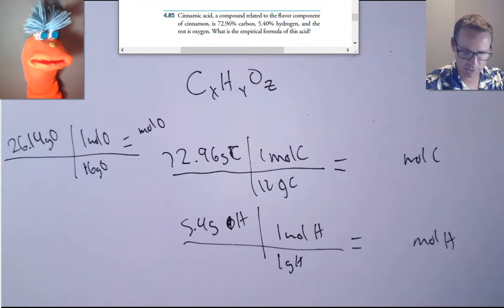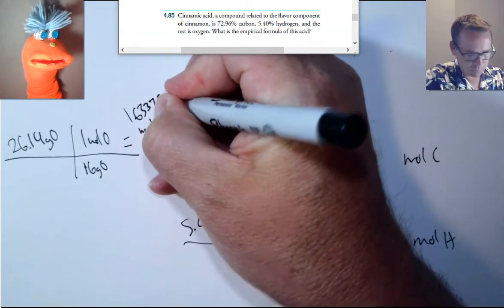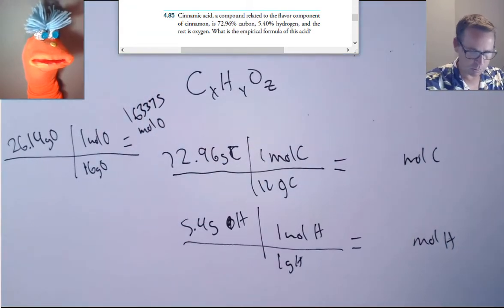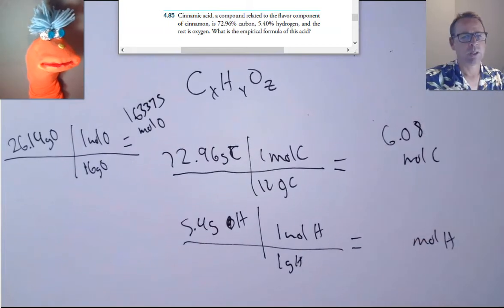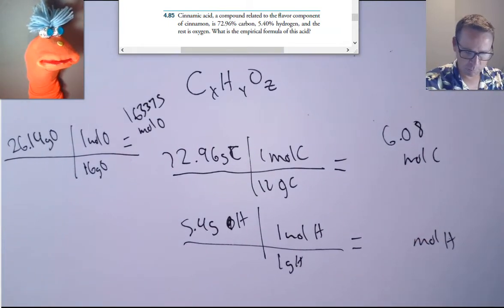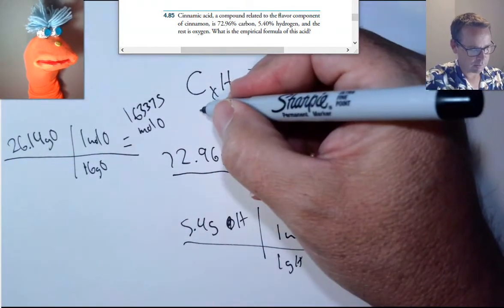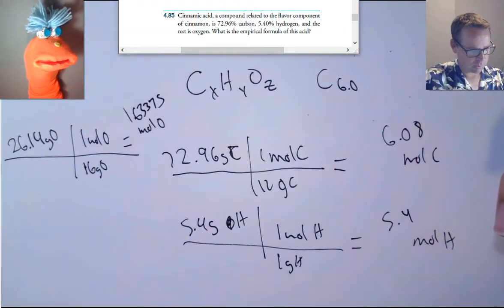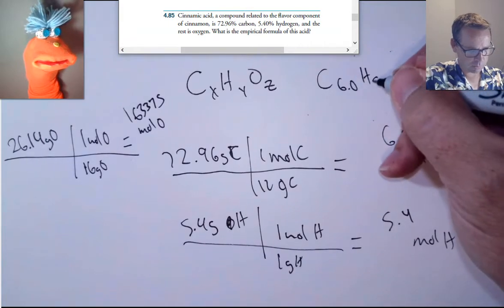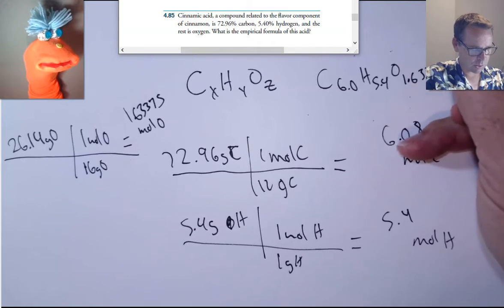So 26.14 divided by 16, 1.63375. 72.96 divided by 12, 6.08. 5.4 divided by 1, 5.4. So we got C 6.08, H 5.4, and O 1.63375.